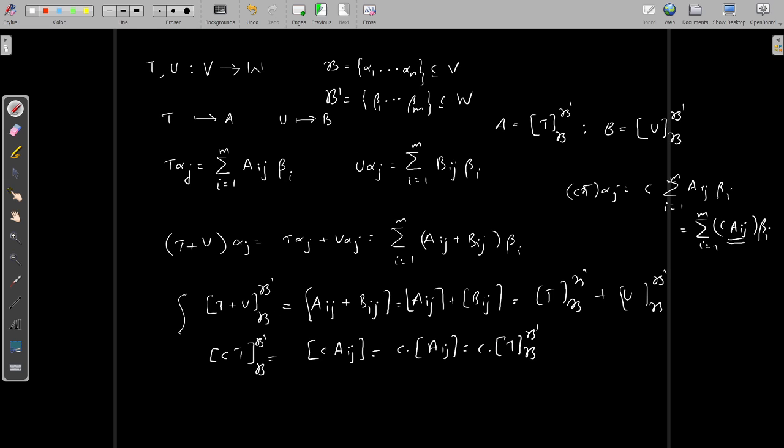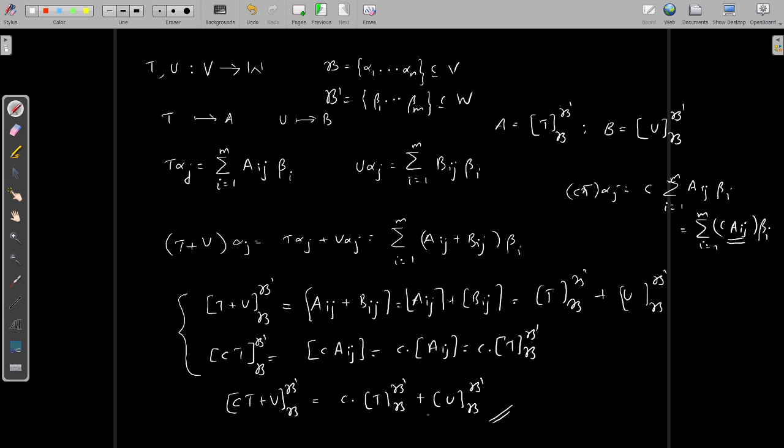So these two results imply that when you take T and U, the matrix of cT plus U relative to the bases B and B prime is nothing but c times the matrix of T relative to B and B prime plus the matrix of U relative to B and B prime.